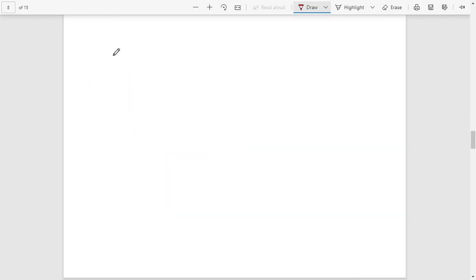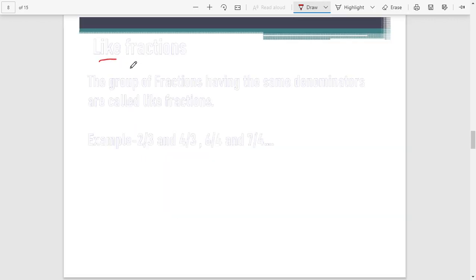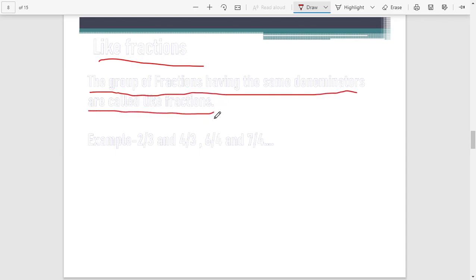Now let's move to another type of fraction, which is the like fraction. It is not properly visible, but look carefully. A group of fractions having the same denominators are called like fractions. Let's take an example: 2 upon 6, 3 upon 6 and 4 upon 6.